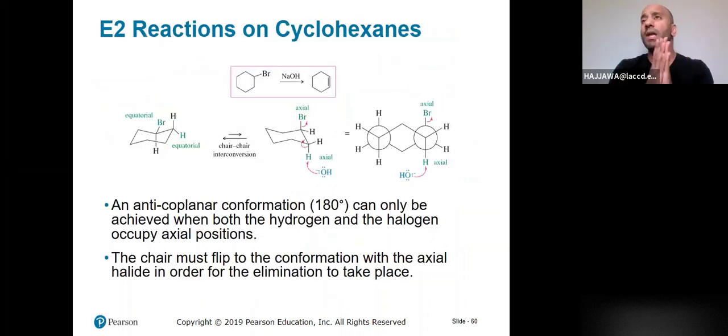In the cyclic alkyl structures, we see clearly that the cyclic halide has to be in a certain orientation. So if I take, for example, cyclohexyl bromide, or bromocyclohexane, treated with NaOH.